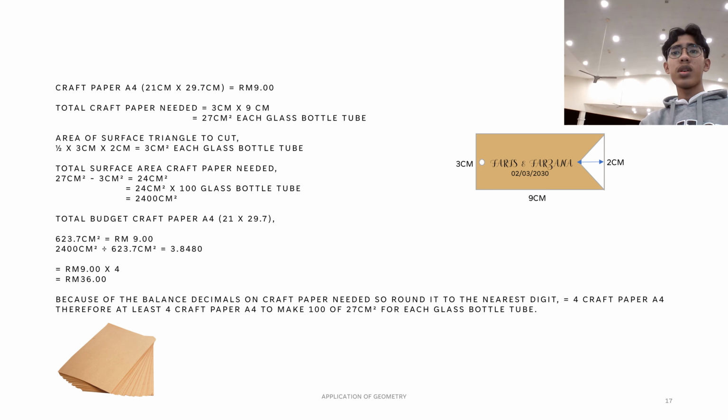tube. After that, we have to find the total area of the triangle to cut out to make it a better design. The total area of the triangle is 1 over 2 multiplied by 3 cm and multiplied by 2 cm, as you can see in the picture below.